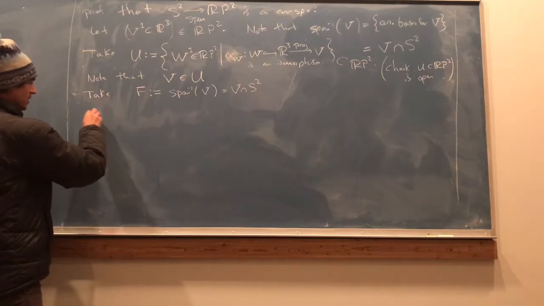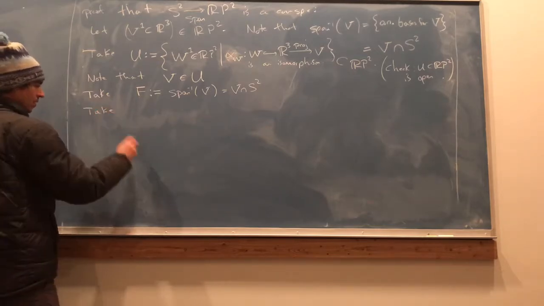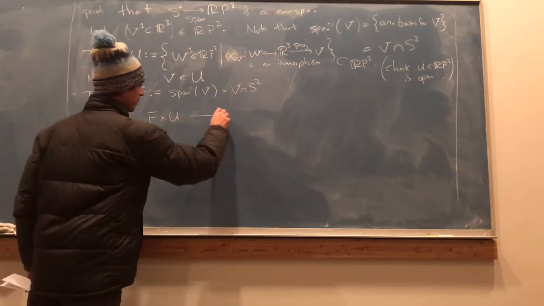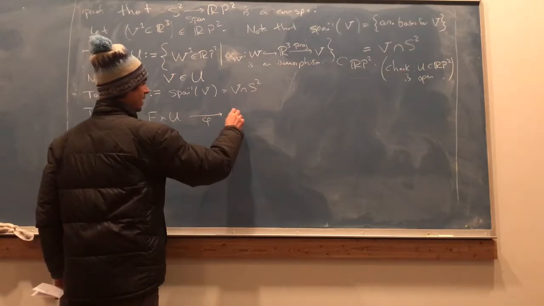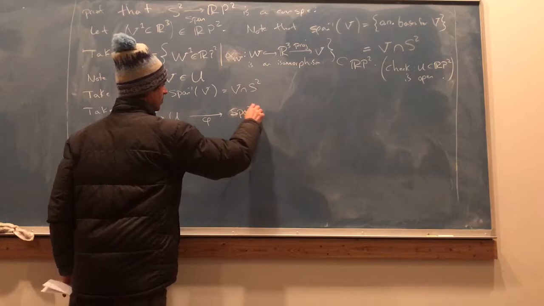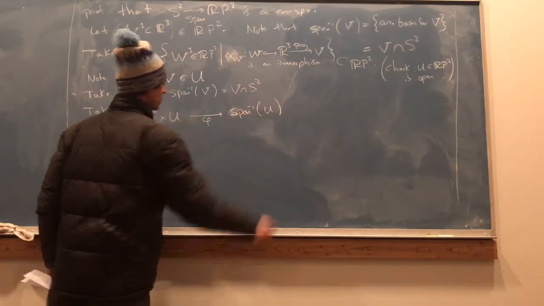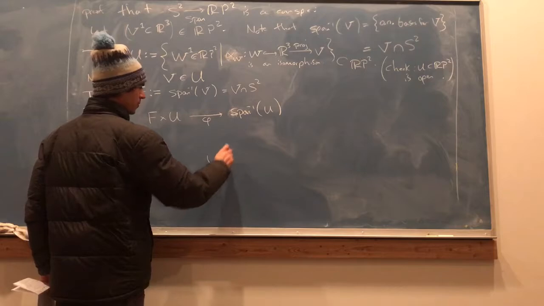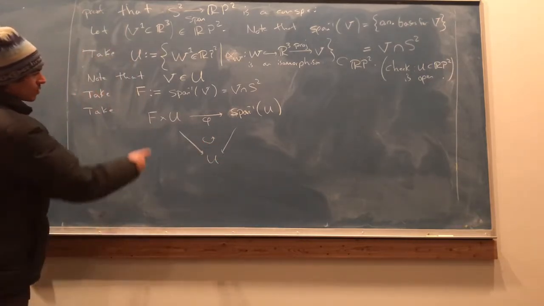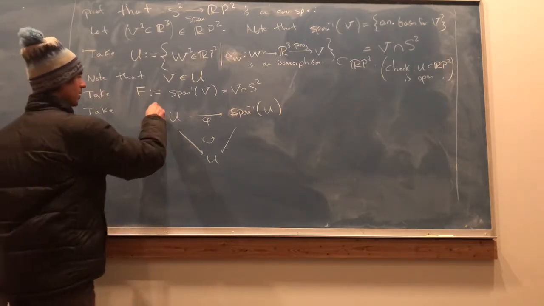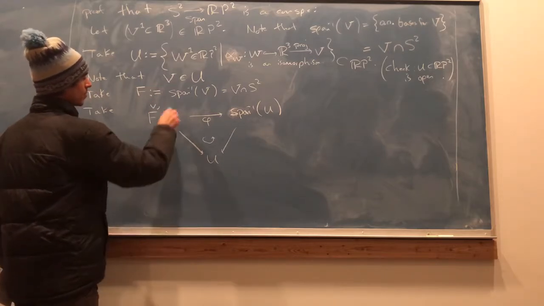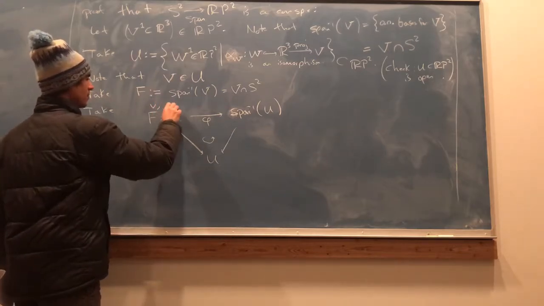Now the hard part is to produce this homeomorphism phi between F cross U and span inverse of U, and not any old one, but one such that this commutes. So what will we take phi to be? Well, it'll evaluate on a little v, comma, an element of U, which is a W.